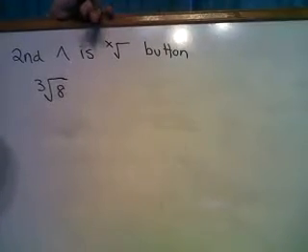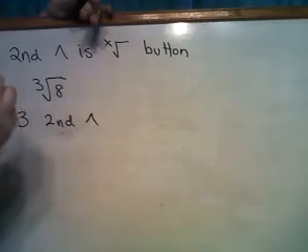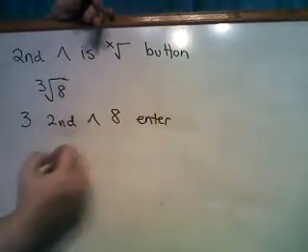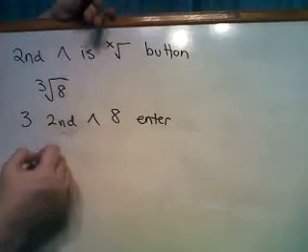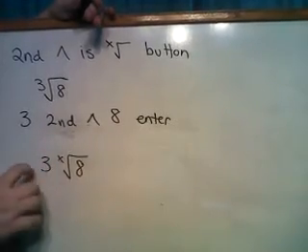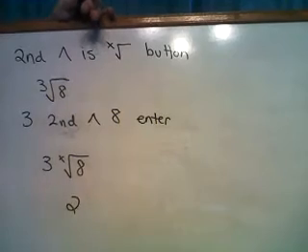So you would type in 3, do second up arrow, type in 8, and then hit enter. Your screen should literally look like this. So it's taking the third root of 8, and when you hit enter, you should get 2.